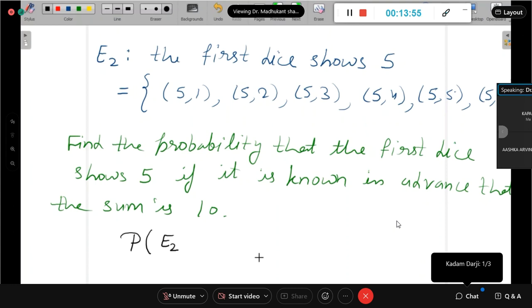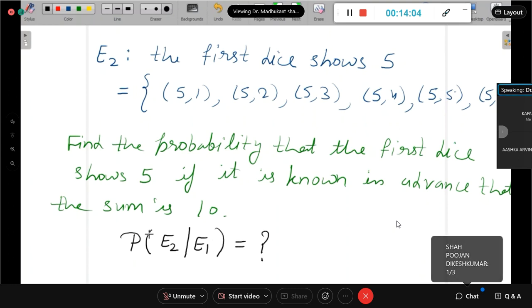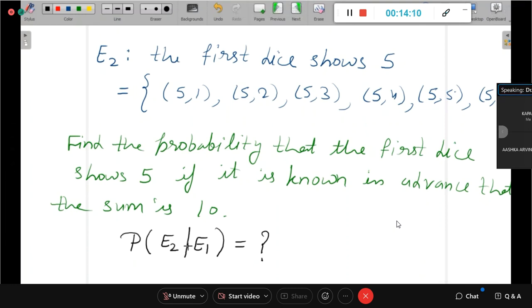I want the probability of E2, given that E1 has occurred. This is how it is written mathematically. This bar you can read as given, meaning that afterwards, it has already occurred.